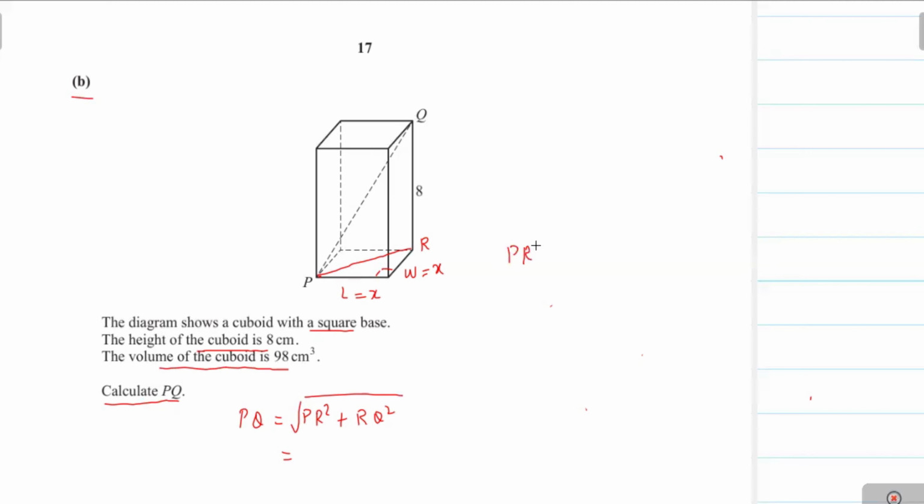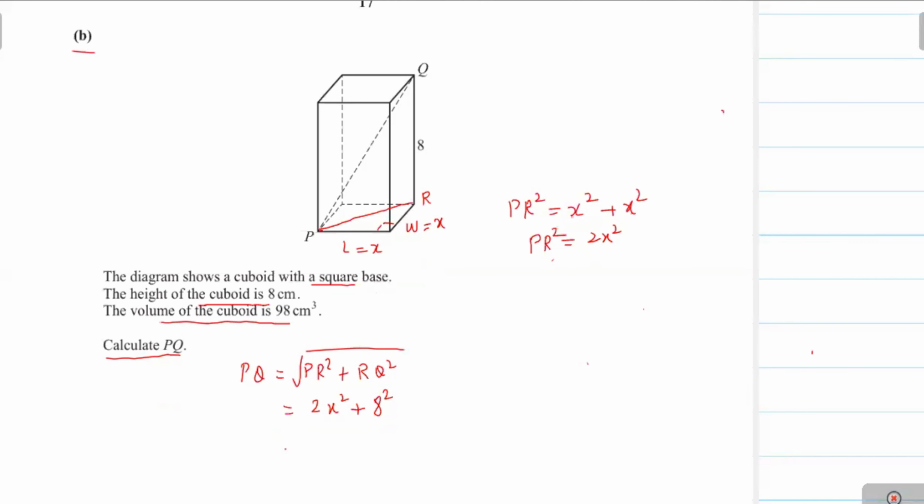Therefore, PR square is equal to x square plus x square, the base square plus perpendicular square. Therefore, PR square will be equal to 2x square. We write here 2x square plus RQ square, which is 8 square.